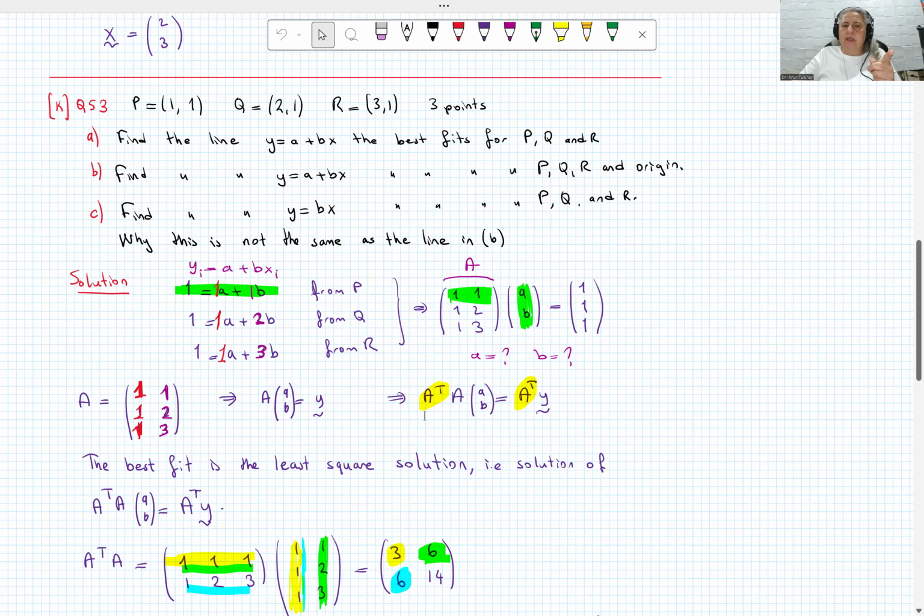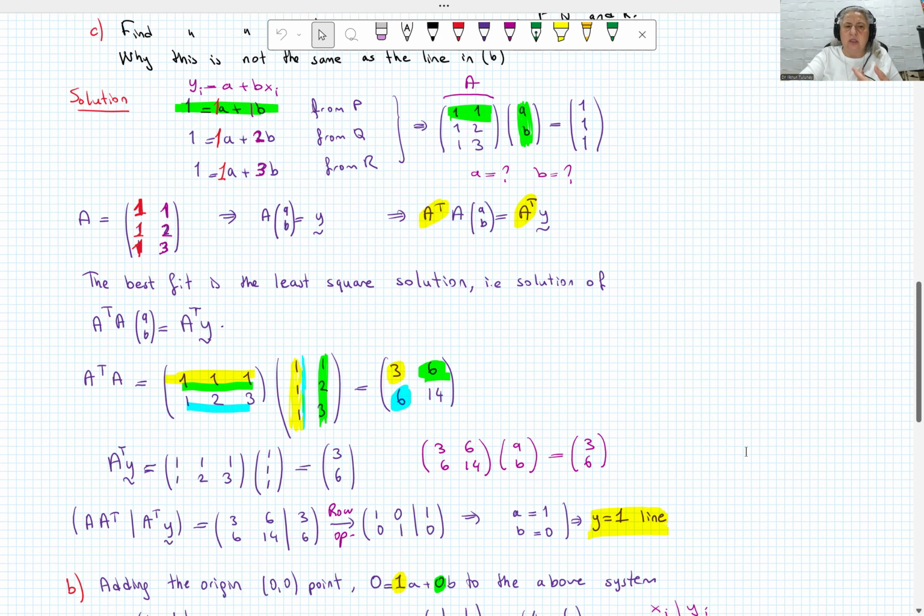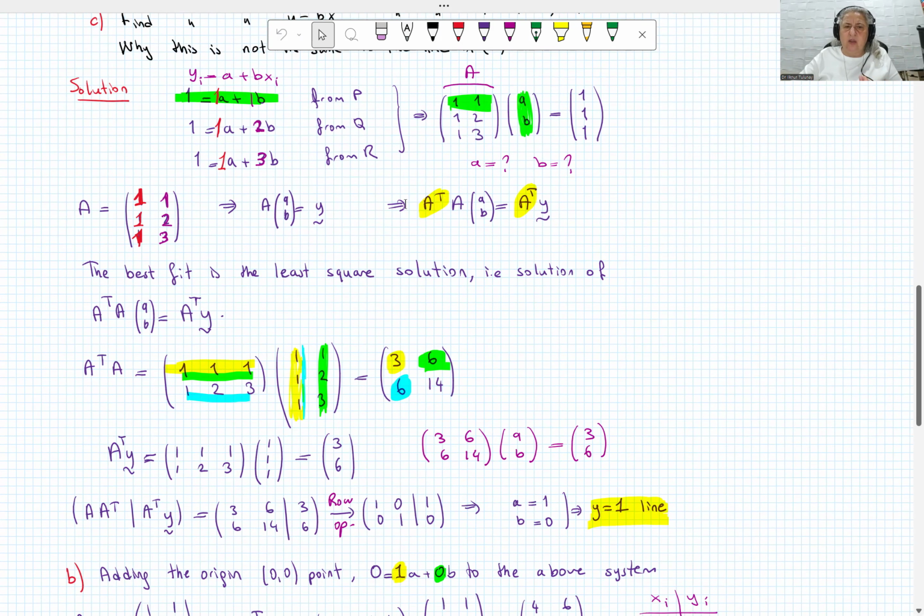The theory tells us to find the transpose of the coefficient matrix and multiply this equation by it. That's what we are doing here. Then calculate and solve the equation for A, B. A, B is unknown. That's what you want to find out. So multiply everything by A transpose. A transpose times A: this times this will give you a 3.